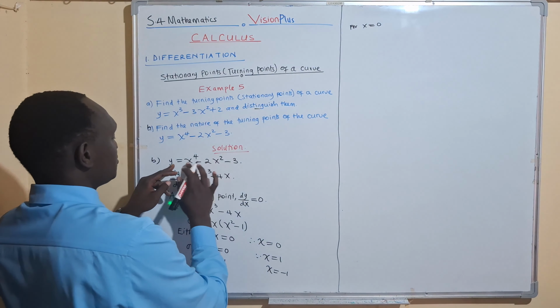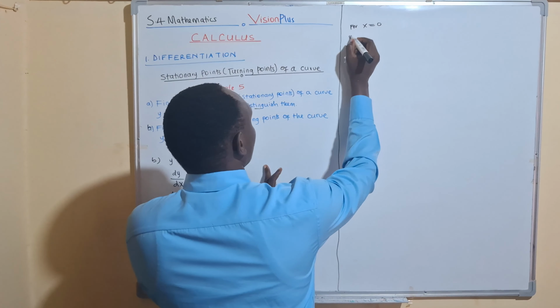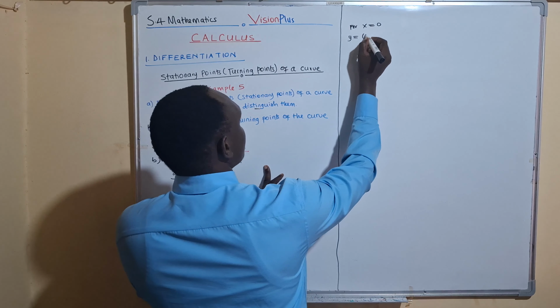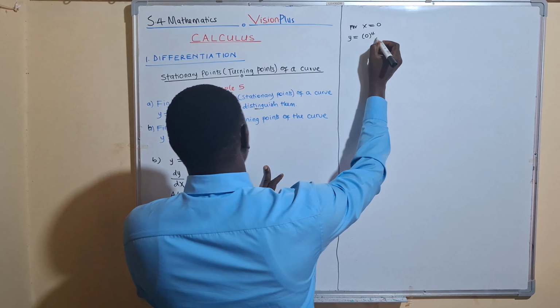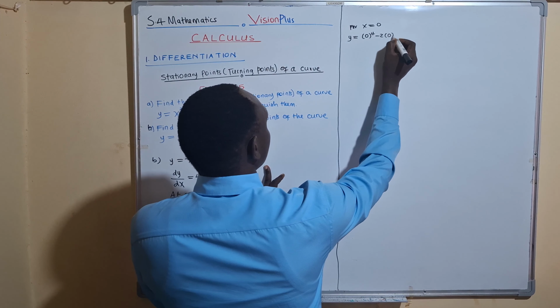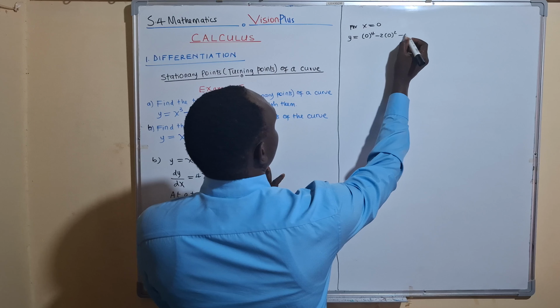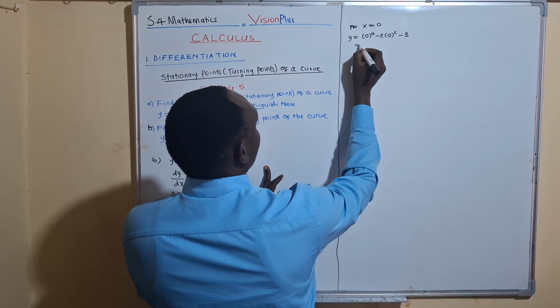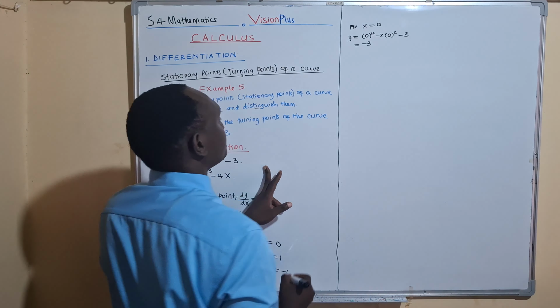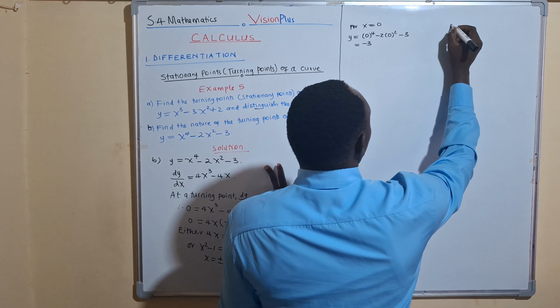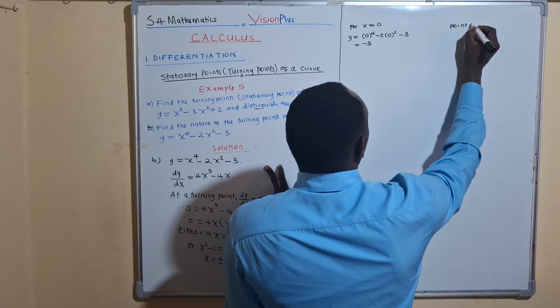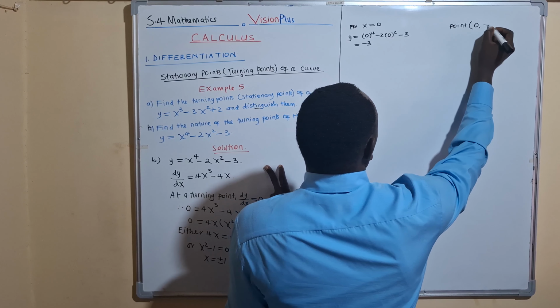We come back and substitute for it in the expression of the curve. y equals 0 power 4 minus 2 times 0 squared minus 3. Then we simplify. This gives us negative 3. So one of the points on the curve as a turning point is (0, -3).